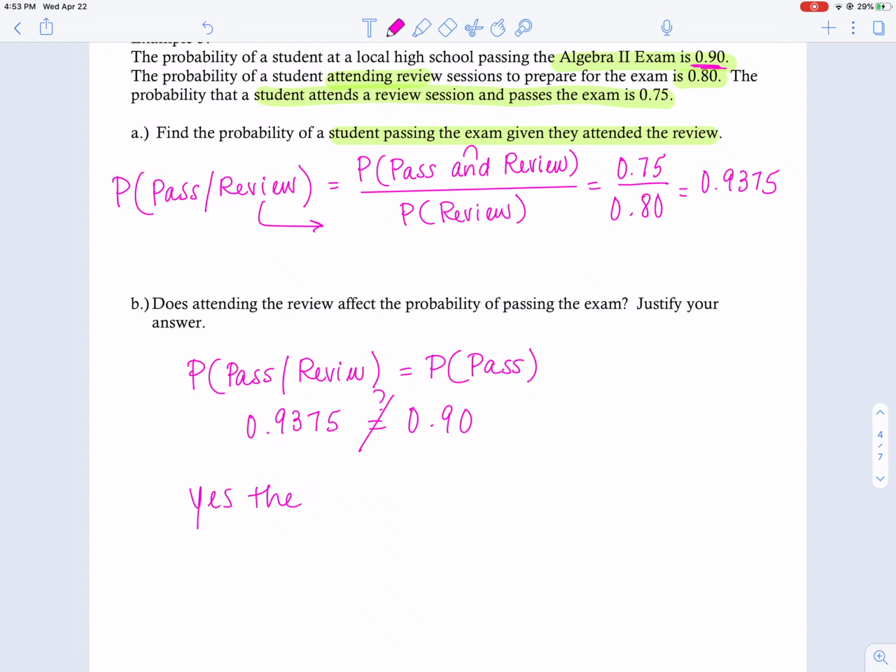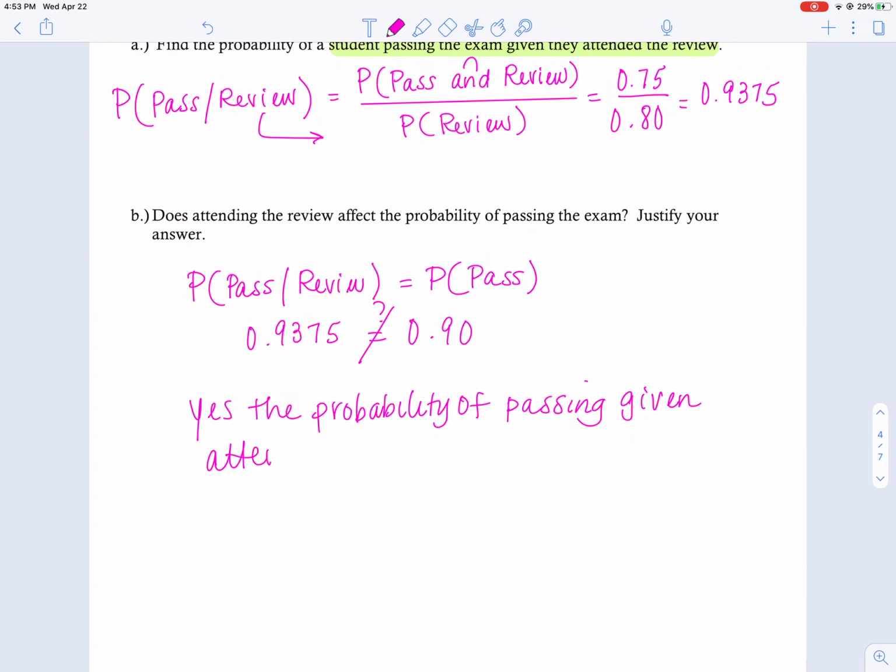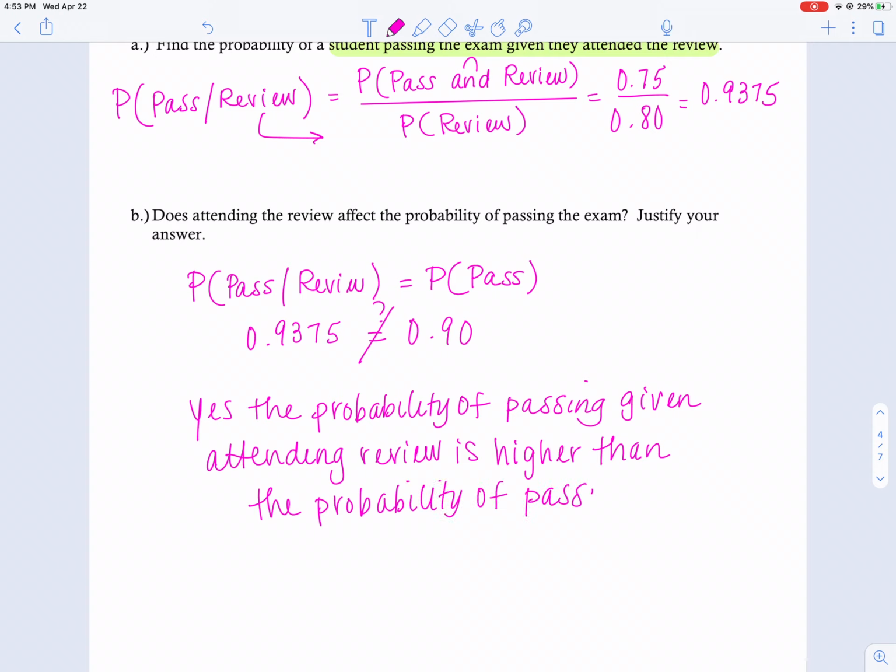I would say the probability of passing given attending review is higher than the probability of passing.